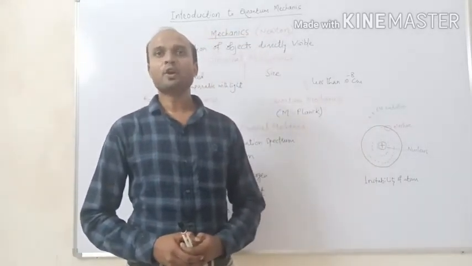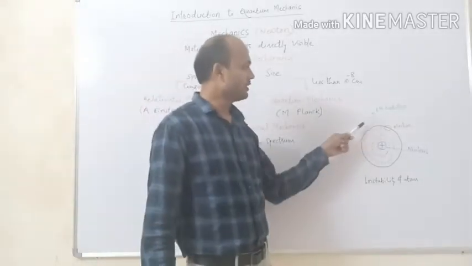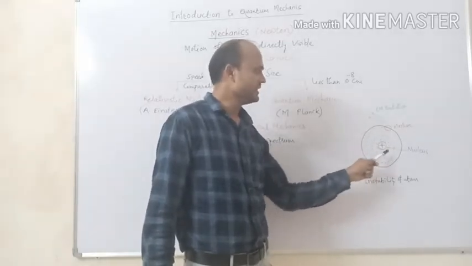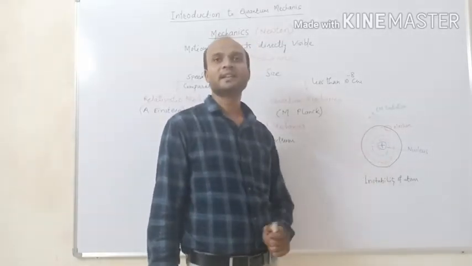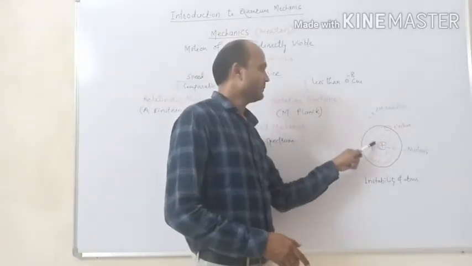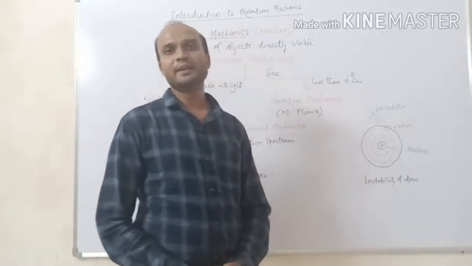Hence, energy of the electron will go on decreasing. So energy of the electron decreases means radius of the orbit also decreases, and instead of following the circular path, that electron will follow a spiral path, and finally it will collide with the nucleus.